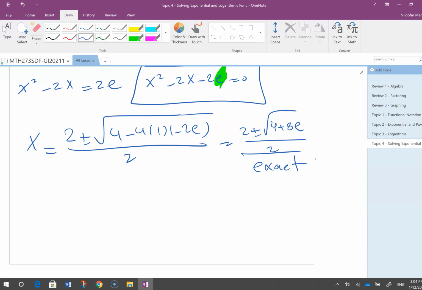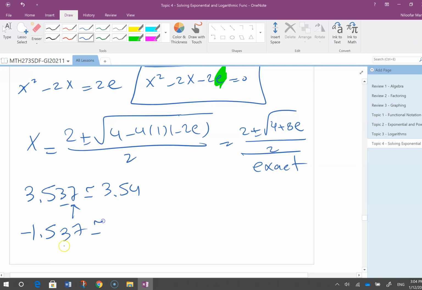My students from last semester, we talked about this a little bit, but we don't do it here. So I just leave it as exact, or I use my calculator. So my calculator gives 3.537, which I can round to 3.54. Or minus 1.537, which is minus 1.54.